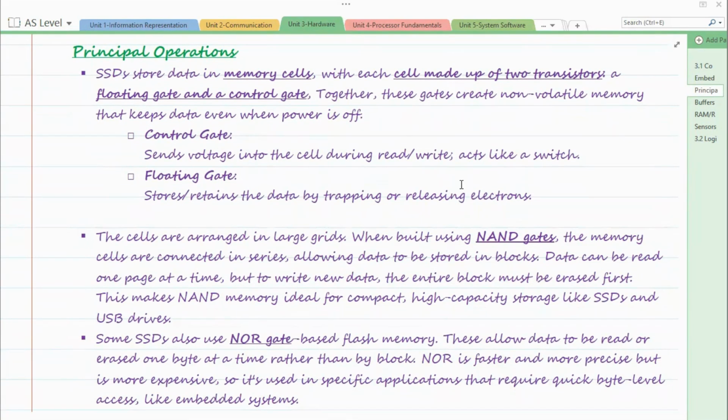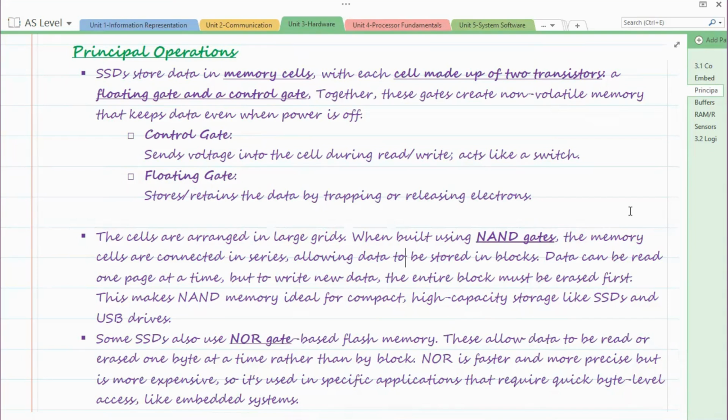Now SSD, as I mentioned, stores data in memory cells. Each cell is made up of two transistors with a floating gate and a control gate. Together these gates create non-volatile memory that keeps data stored even when power is off.